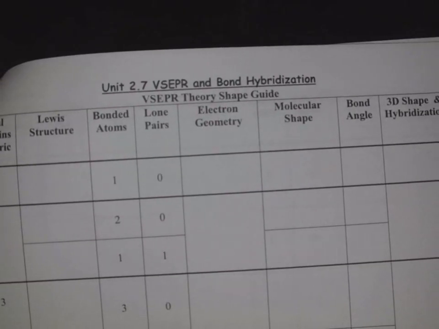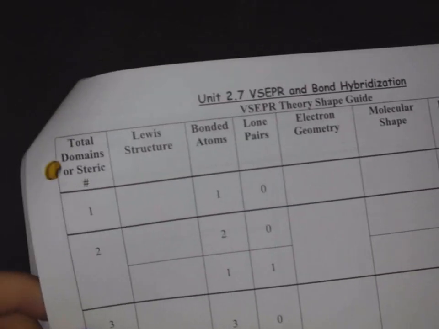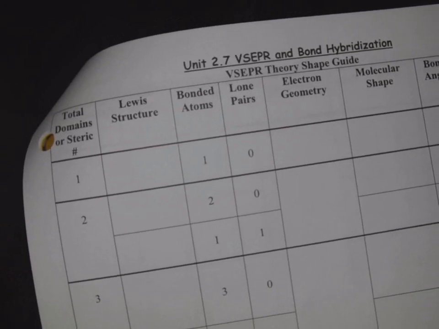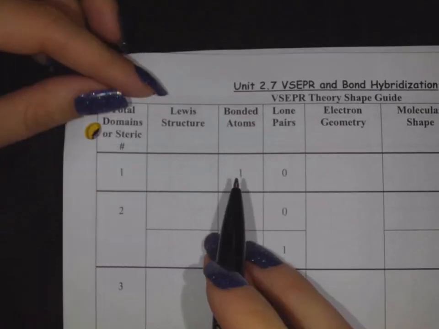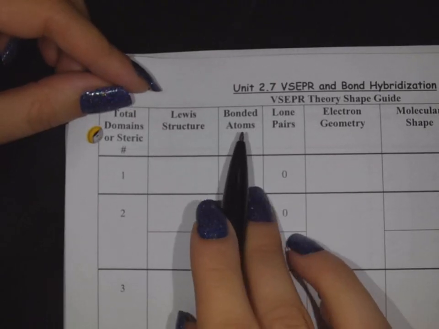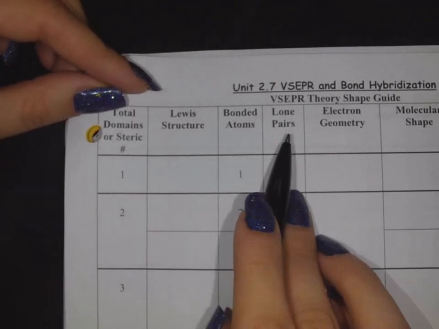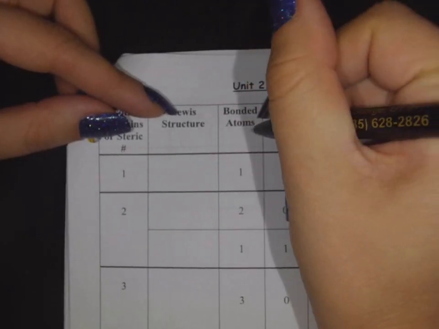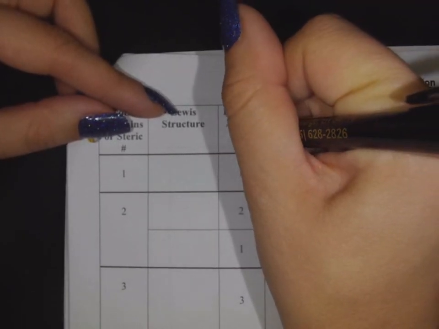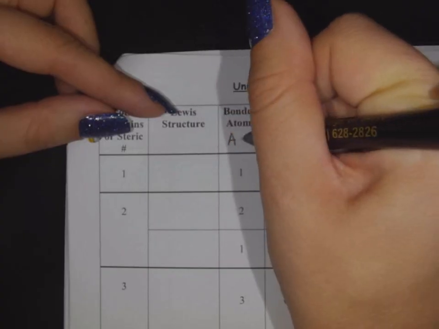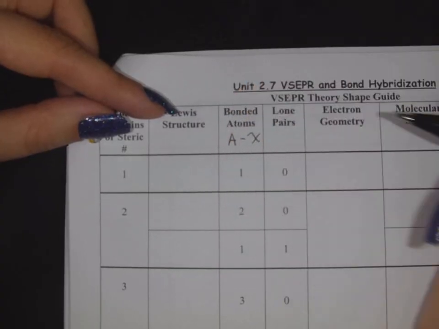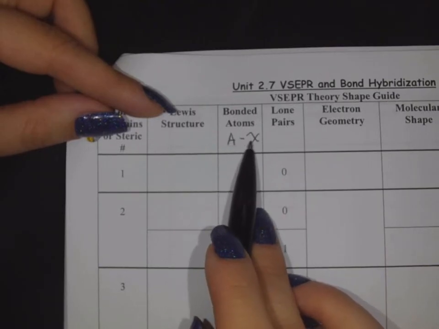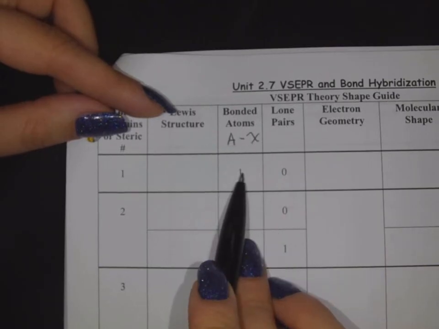So first one is domains or steric numbers. Okay? So if we have a Lewis dot structure and there is one terminally bonded atom and then a lone pair. Okay? So bonded atoms is we have our central atom and then we have one that's bonded to it. So if this is the center, then that's our bonded atom. This would be one bonded atom.